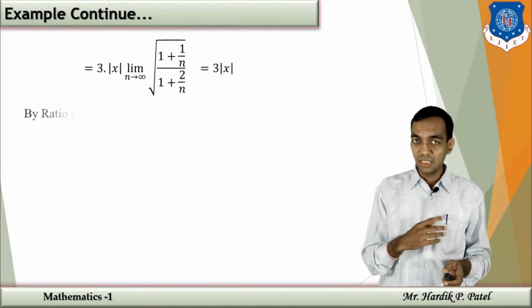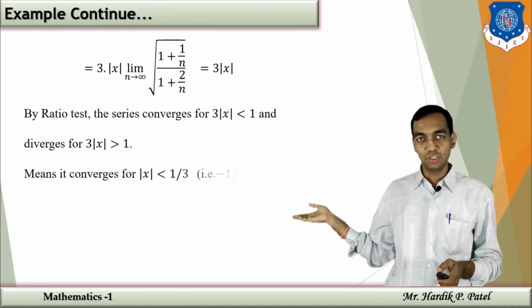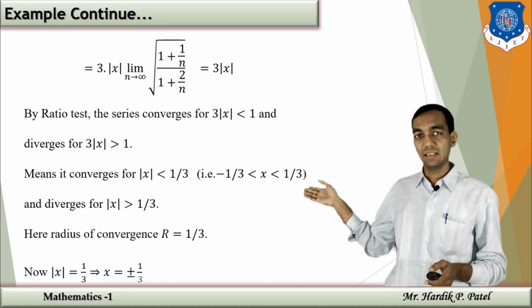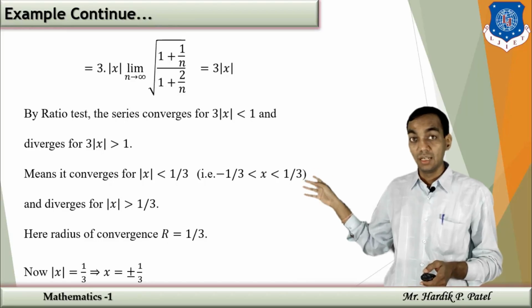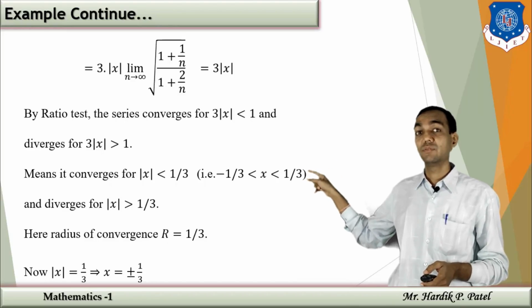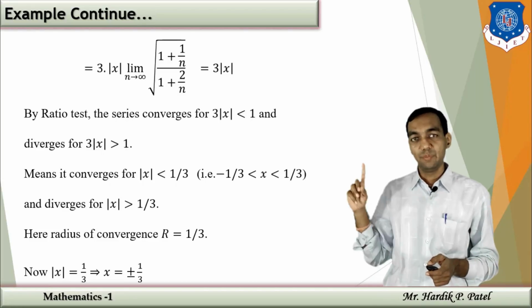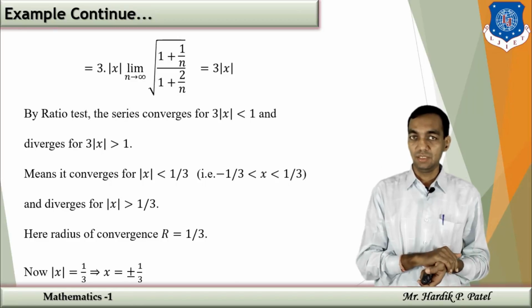Now using the condition of the ratio test, it converges for less than 1, that means 3 into mod x is less than 1. That means mod x is less than 1 by 3, then your series is convergent. In the same manner, if mod x is greater than 1 by 3, then our series is divergent.